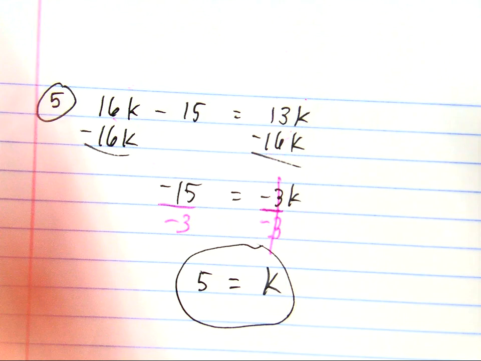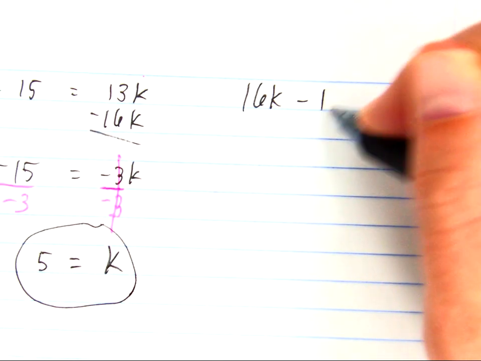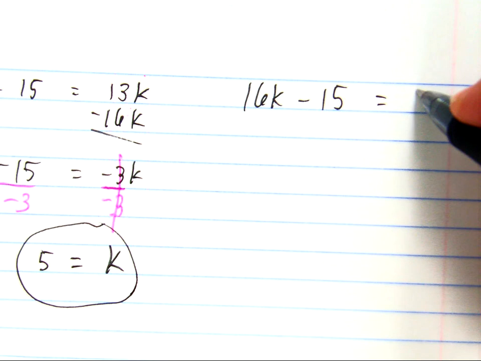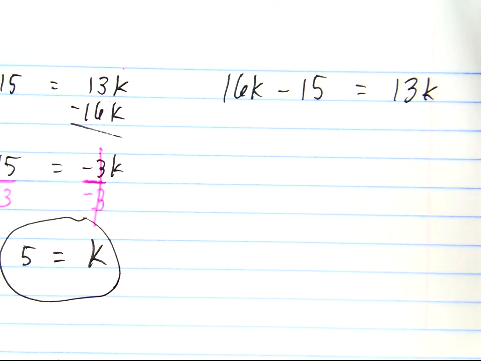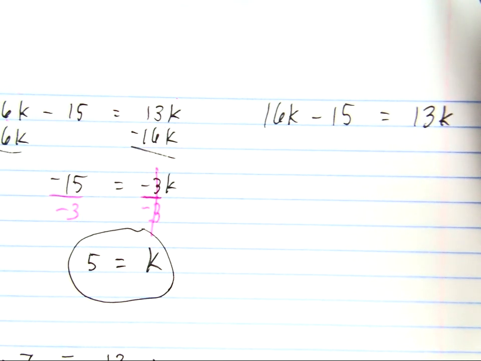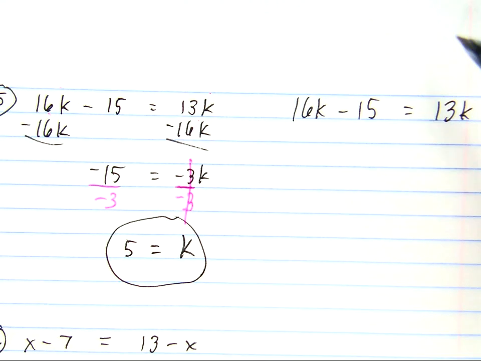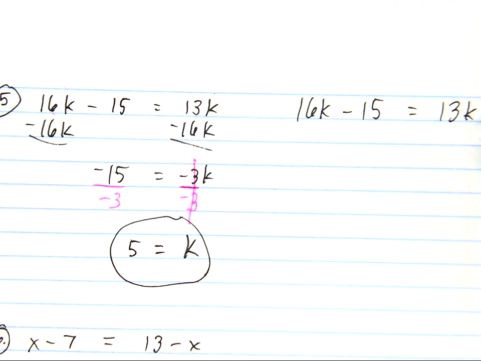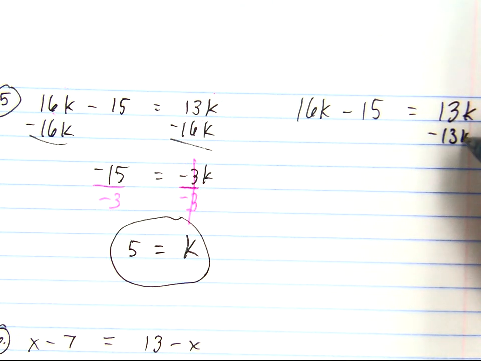Now there's another option here I'm going to show you real quick, because some people will do this, and I'm not opposed to being creative. So I was saying before how this question was kind of forcing you to go a certain direction. Meaning, I subtract 16k to join the k over there. Well, let's just say we subtract 13k, right?